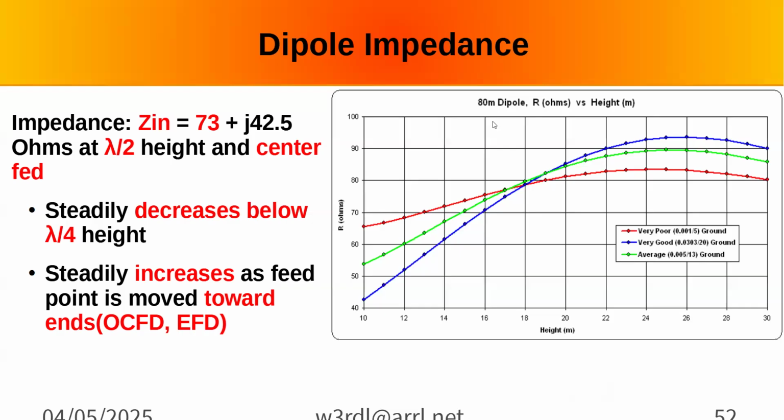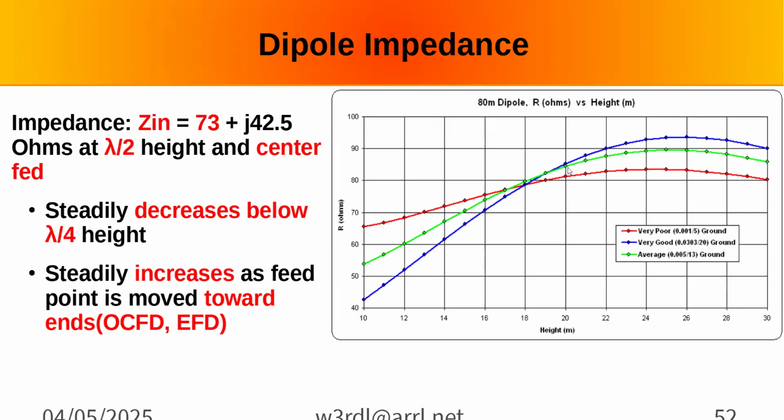And this was an 80-meter dipole, so they're not even showing the height at a half wavelength, which is off the chart. But at a quarter wavelength, we're down to about 85 ohms.